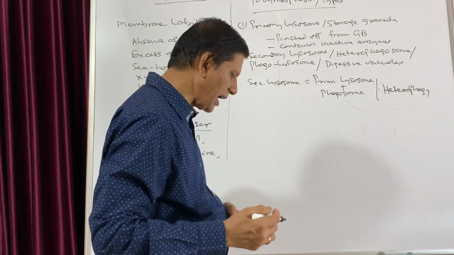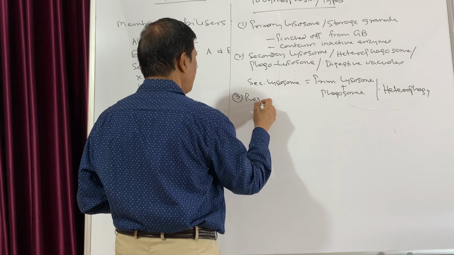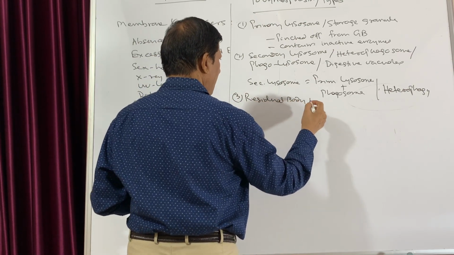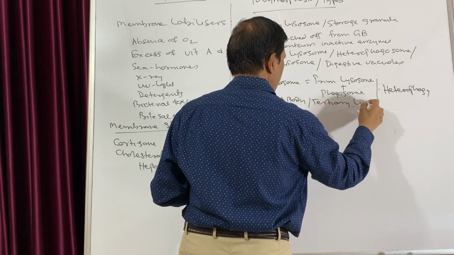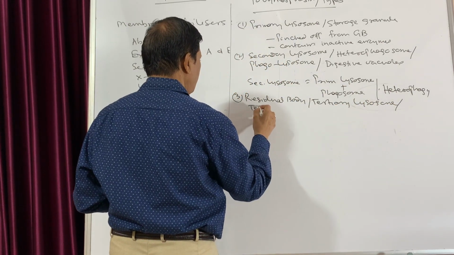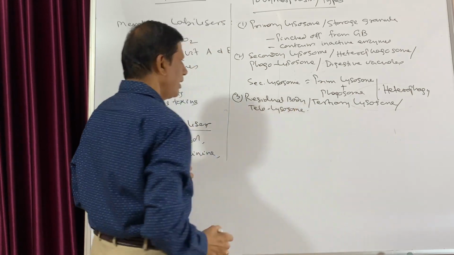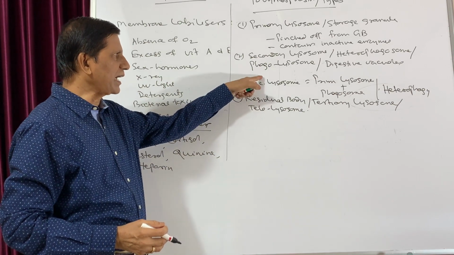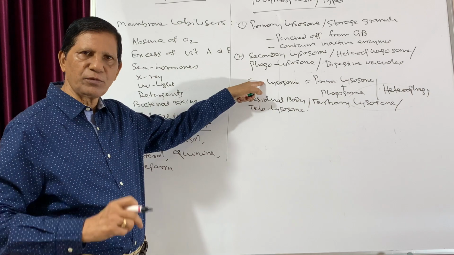Now let us discuss the third type. The third type is known as the residual body, or tertiary lysosome, or also telolysosome. Now what is this residual body? After the secondary lysosome digests the food material, the digested food material enters the cytoplasm.